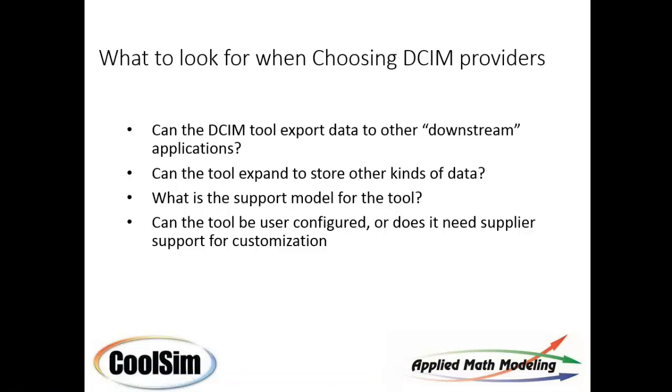So that's why Applied Math and CoolSim worked out so well here with the Open DCIM. So that's one thing, is what else can your DCIM package talk to besides things that are from the same vendor? Can the tool expand to store other kinds of data? Is it something that you can easily put custom fields into and take that extra information?